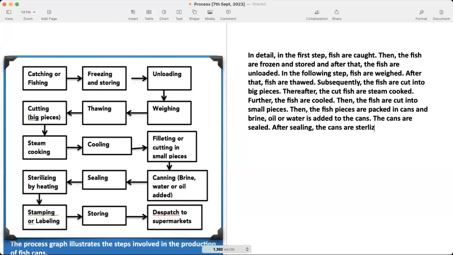You understand what's happening here? Sterilized by heating. What does it mean, the cans are heated? What is sterilization? It's done to kill, the process of heating. Pathogens and so on get killed. Okay, killing of bacteria and pathogens, very good.